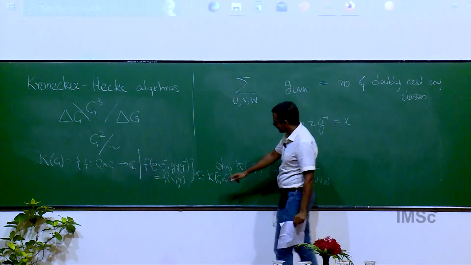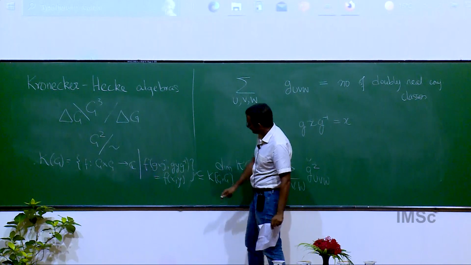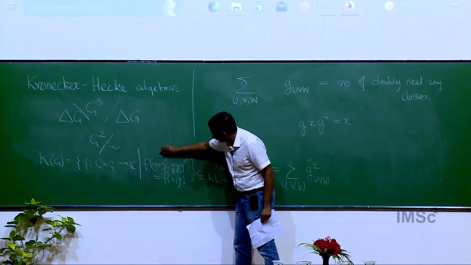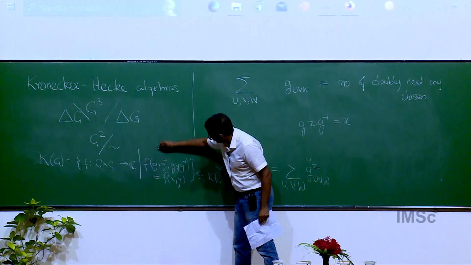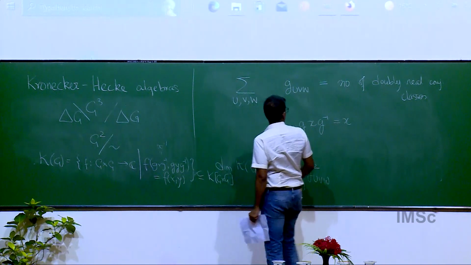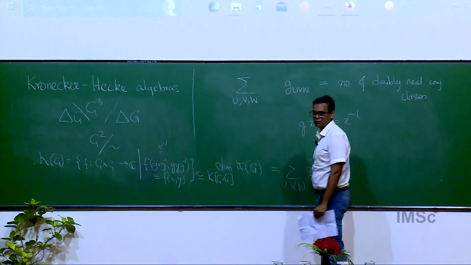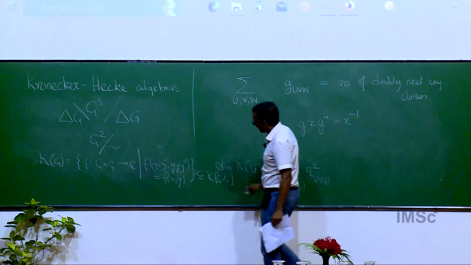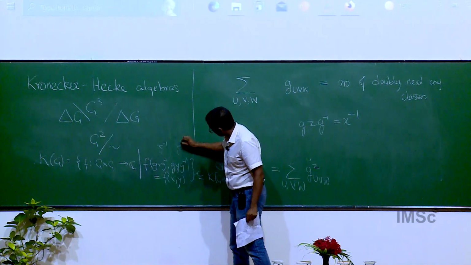And a pair is said to be doubly real if there exists g in G such that gxg^-1 is equal to x^-1, that is, it's conjugate to its inverse, and gyg^-1 is equal to y^-1.